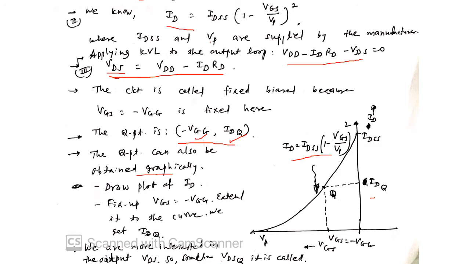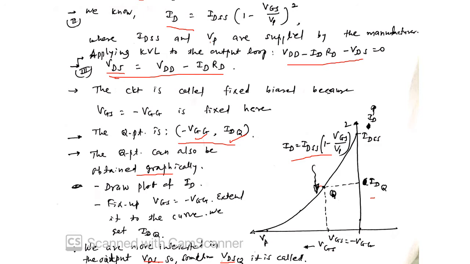So VGS is known, ID is known, and now we can find the operating point, the combination of minus VGG and IDQ, which gives us the operating point Q. We have also found VDS corresponding to the Q point, that gives us VDSQ.